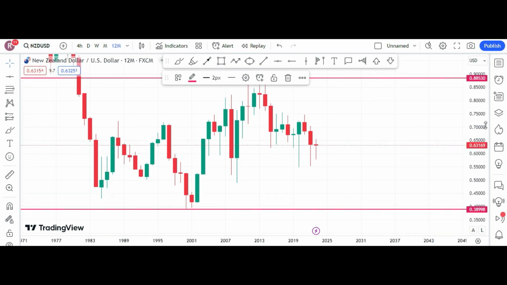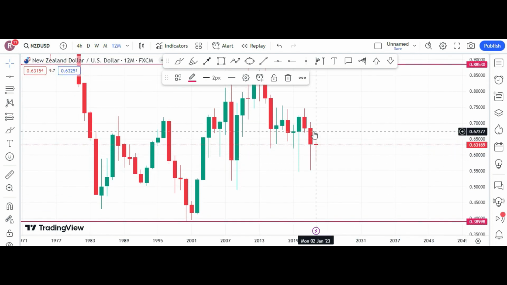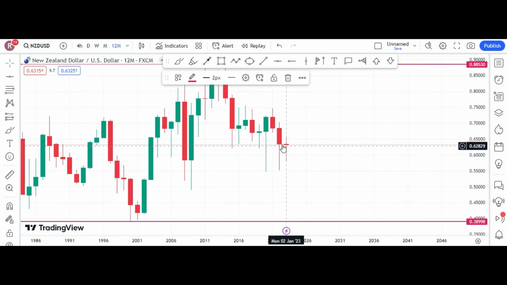Now, last year in 2022, we have seen that it has a very big shadow. And this year it opened and got bearish, then a little bit bullish, then bearish again and it retraced back here. It failed to break the previous year's shadow.